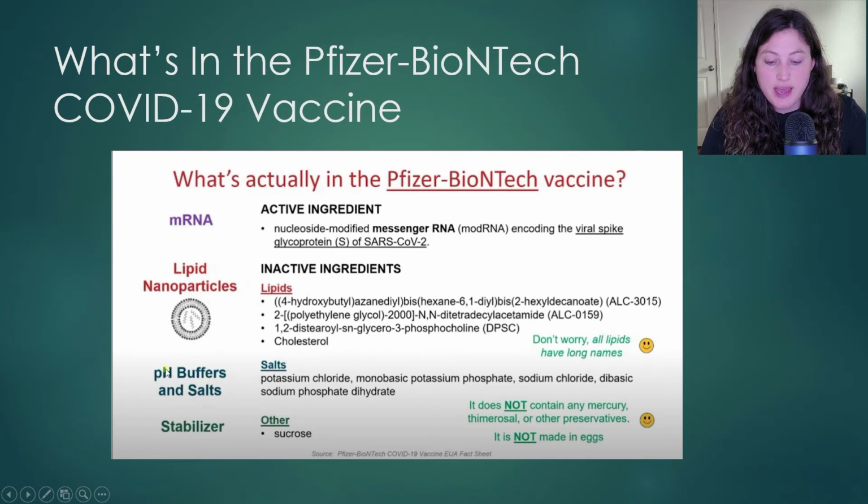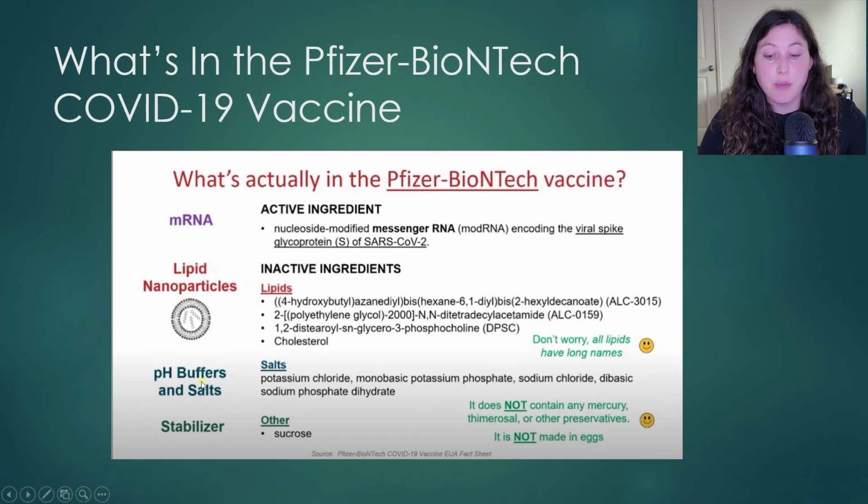Next, we have pH buffers and salts. pH refers to how acidic or how basic a solution is. So if you were to get hit in the face with a very strong acid or a very strong base, your face is going to melt off essentially, or it's going to burn. And so lipids are very susceptible to changes in pH, changes to acidity or how basic a solution is.